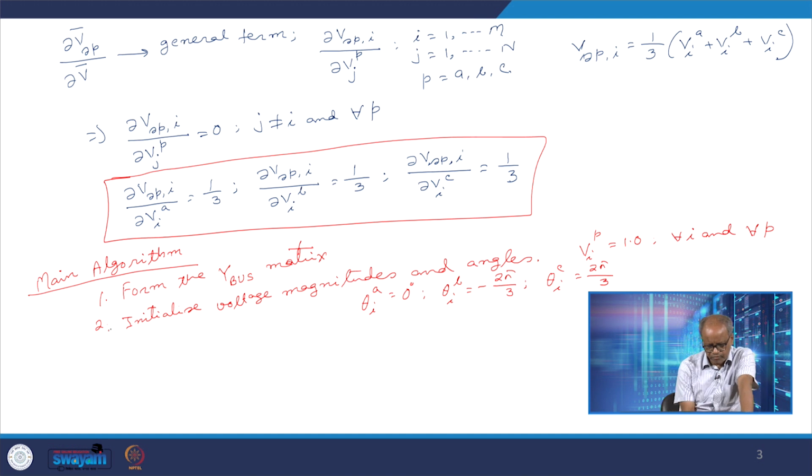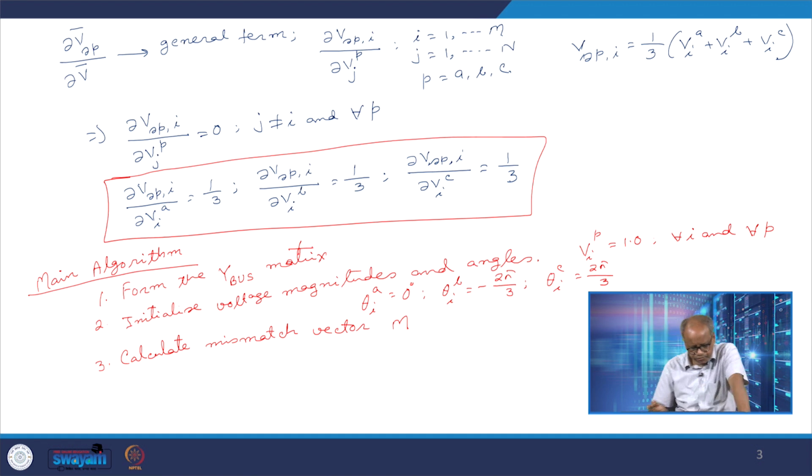right. So after that we calculate the mismatch vector M, and then we check if the max of the absolute value of M is less than epsilon.